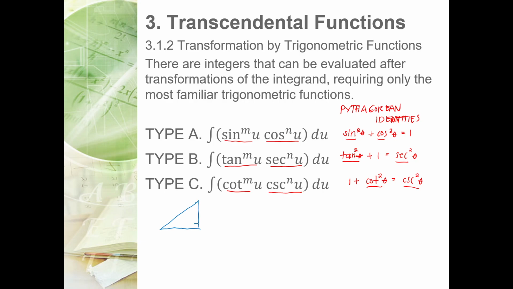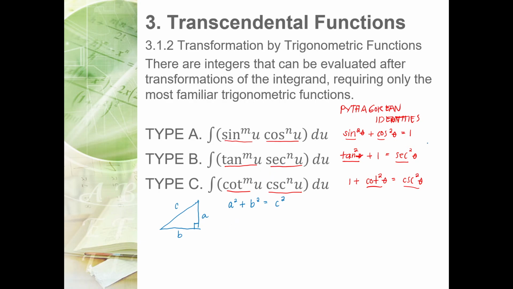They come from a right triangle. According to the Pythagorean theorem, let's say these are your sides, the sum of the squares of the sides is equivalent to the square of the hypotenuse.